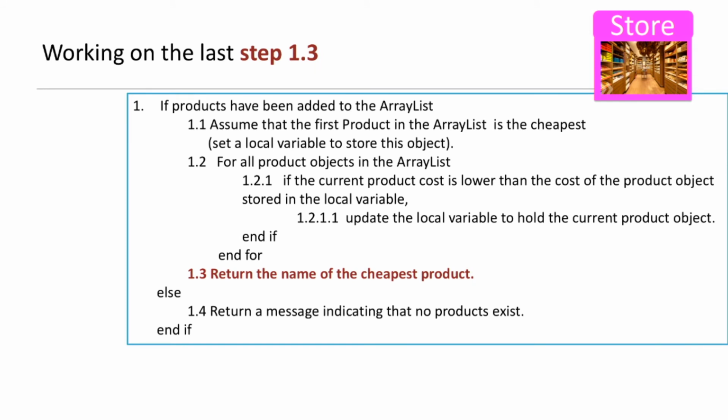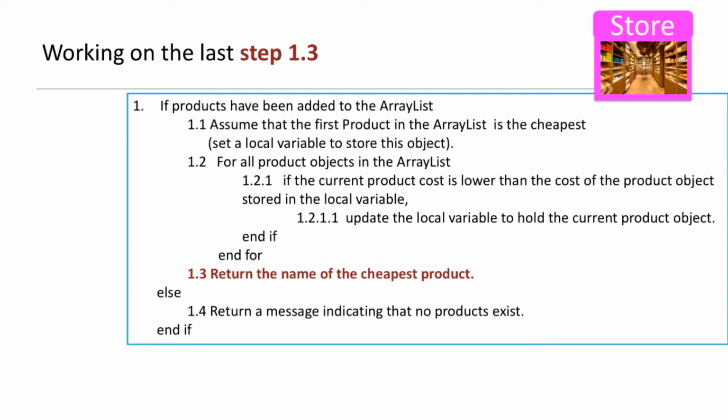Let's work on the last step, 1.3. Just to go through it: step 1, we made sure we had some products in our array list. In 1.1, we assumed that the first product in the array list was the cheapest one. We set that in a local variable. In 1.2, we visited every element in the array list, and then we compared each element to the current local value.